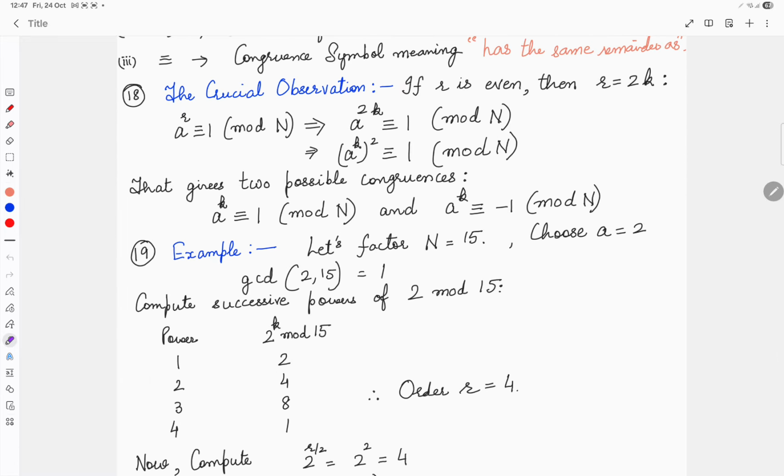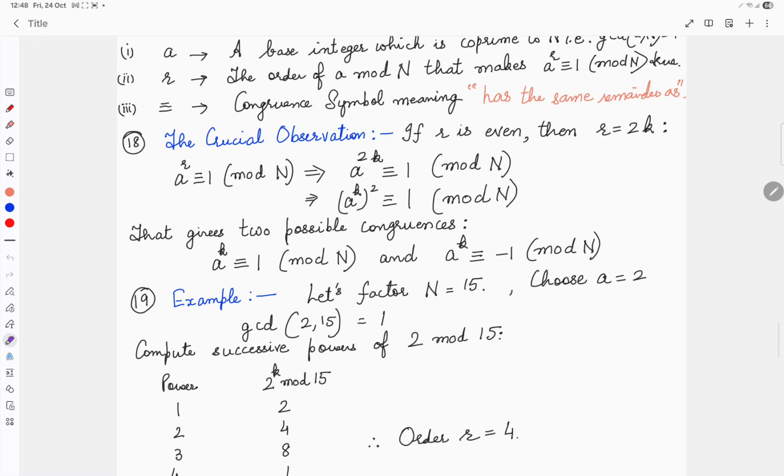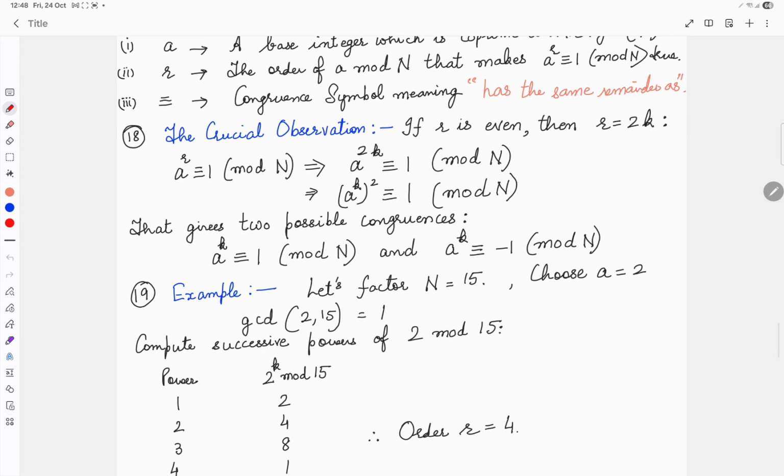So let us take an example. So the example says that capital N is 15. So we choose a equal to 2. The GCD comes out to be 1. So we will compute the successive powers, because if you remember, R was a period of function. Let me write here. R was a period of function a to the power x mod n.